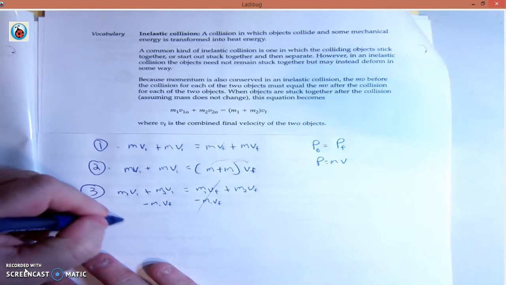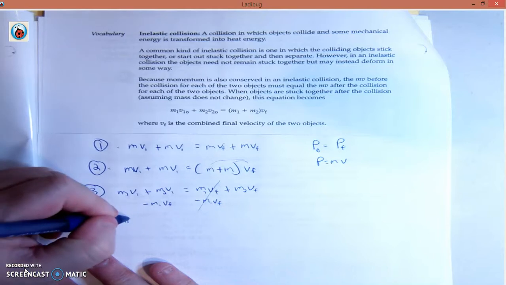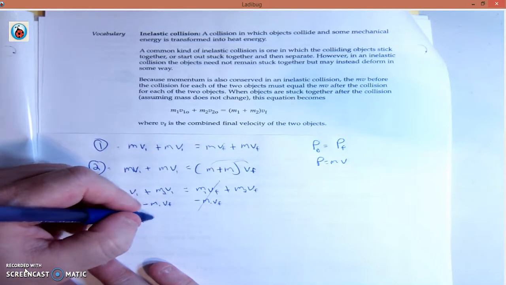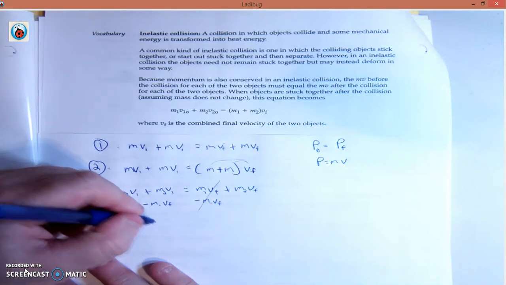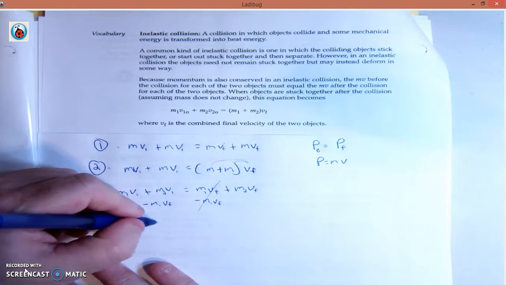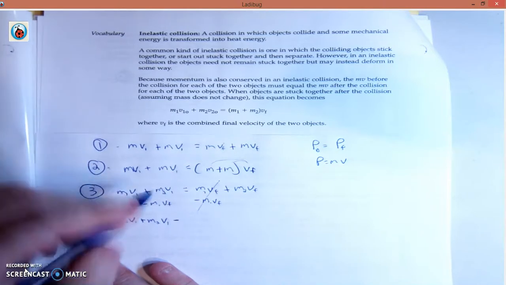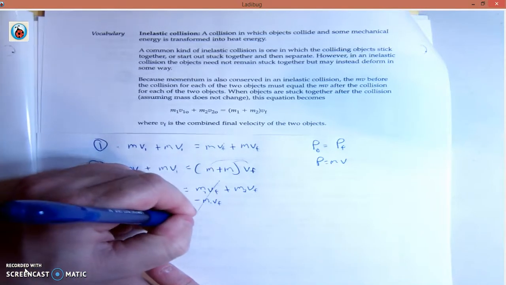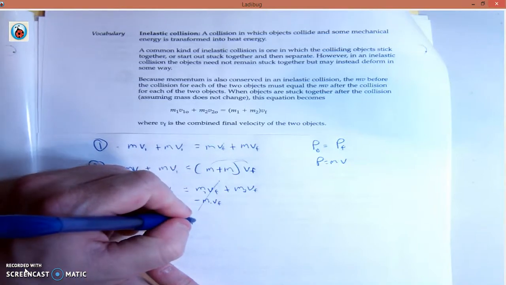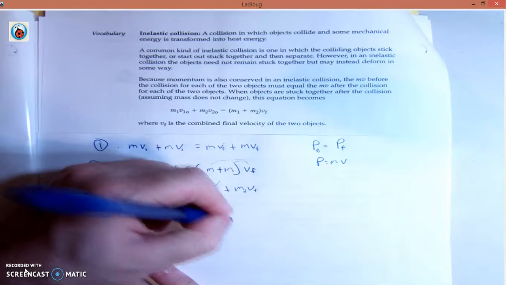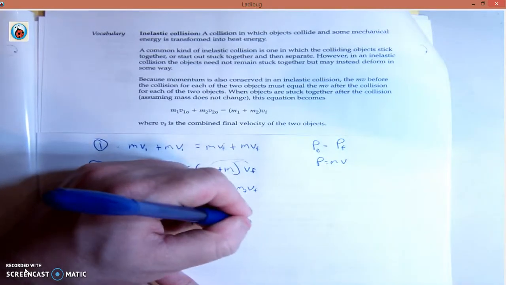We have the mass of object 1 times the initial velocity plus the mass of object 2 times the initial velocity minus, notice we have this now, the mass of object 1 times the final velocity, and then we have equals the mass of object 2 times the final velocity.